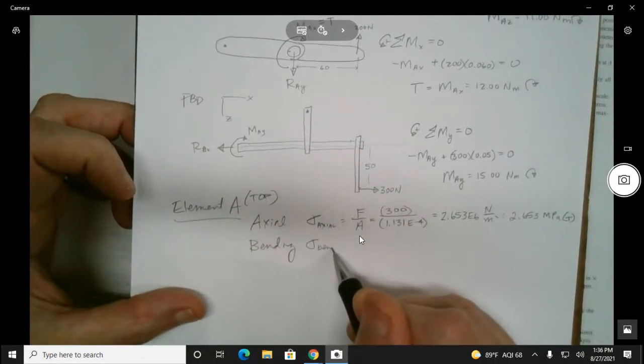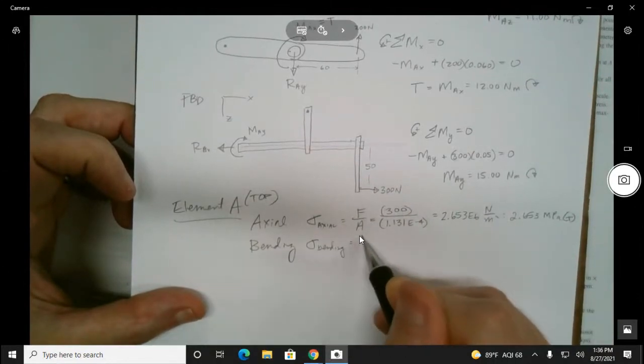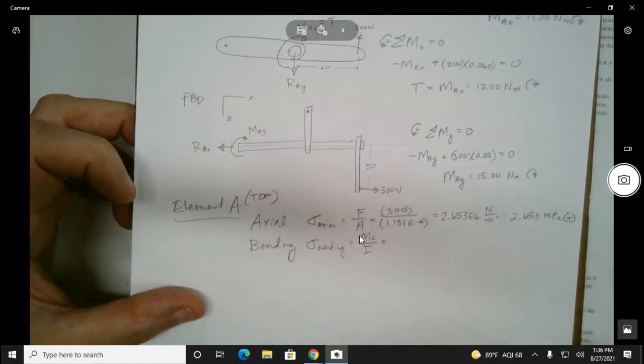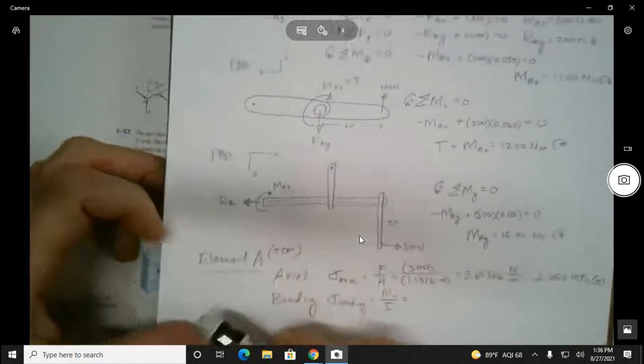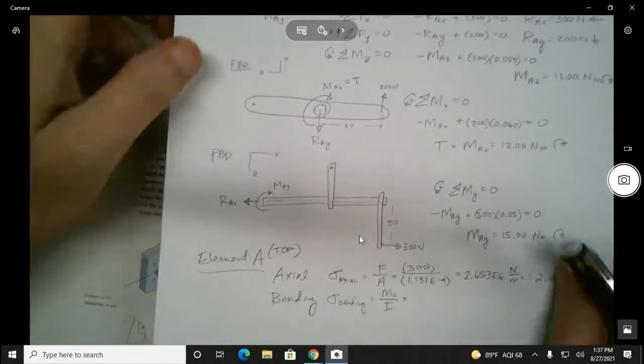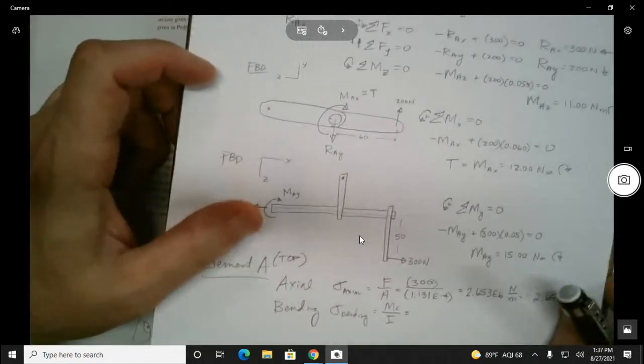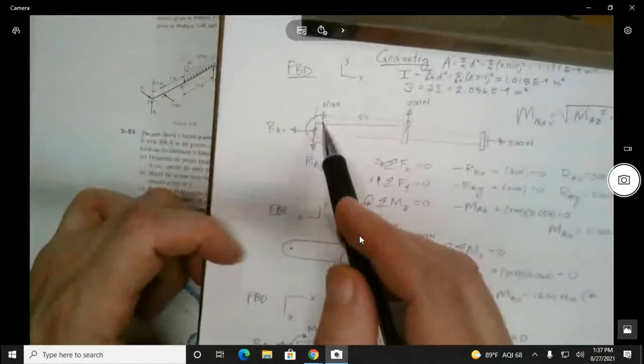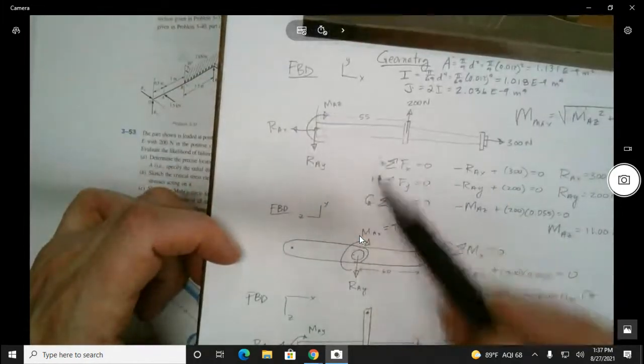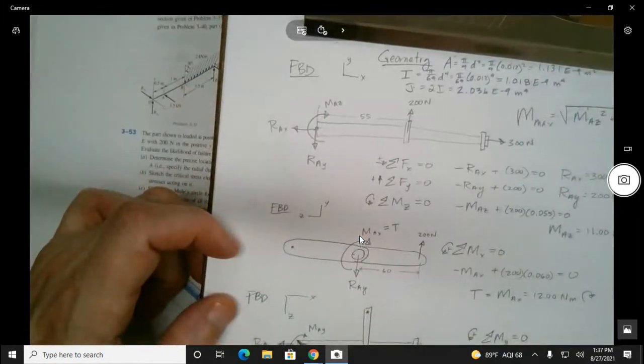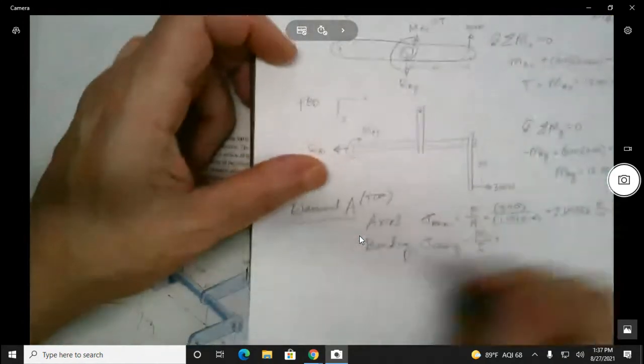For the bending, we know that's MC over I. And the moment to use for this one, and this is always something we have to be a little bit careful of, it's either this one or that one, right? And so visualizing that can be a little difficult.